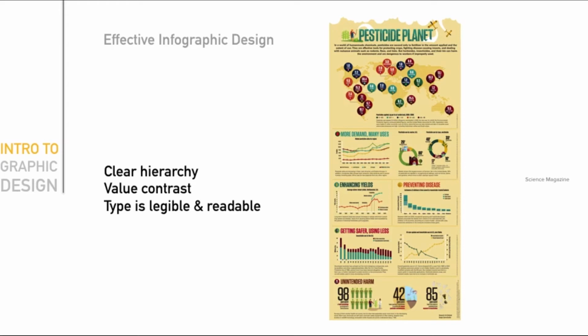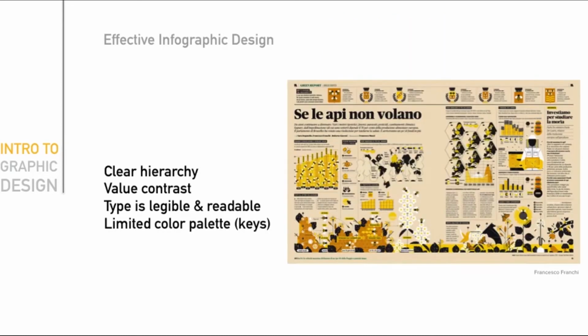There's good value contrast. The background is light in value. It's low value, allowing the darker color to come forward. All the information is darker than the background. Limiting your color palette will increase readability. Using all 12 hues, especially at full saturation, can be a quick way to present information, but it doesn't really make it palatable.